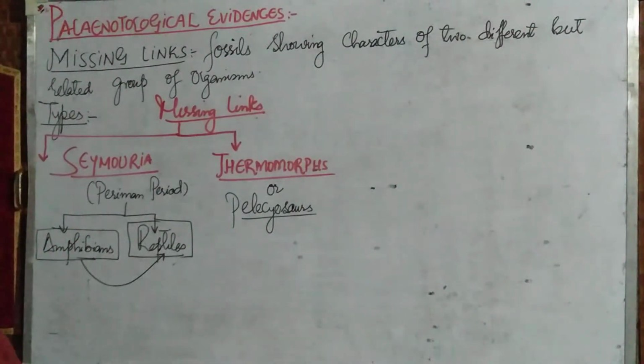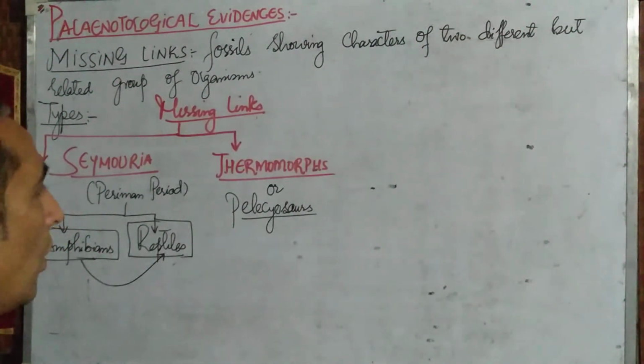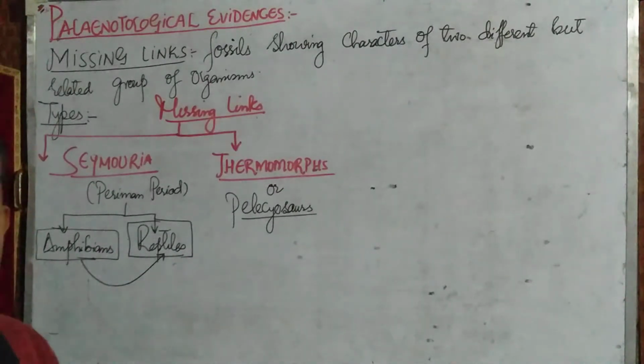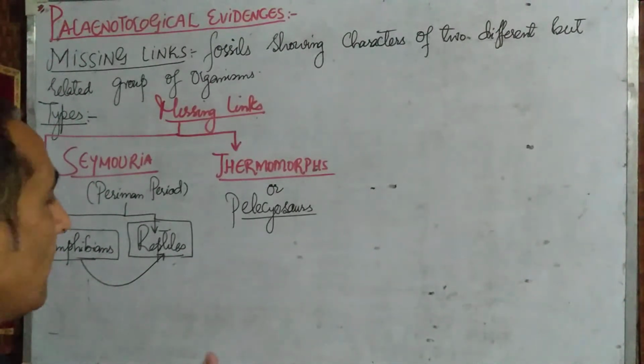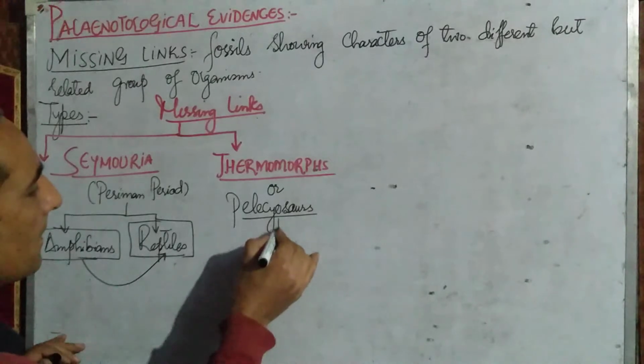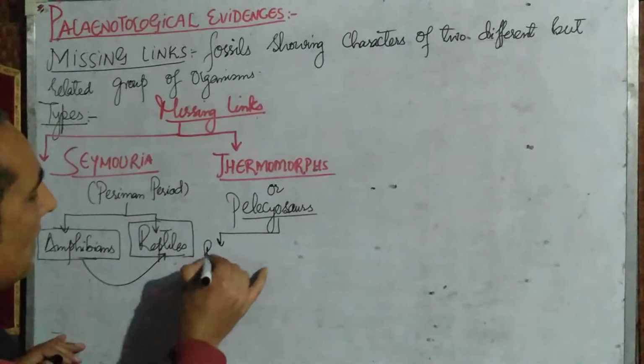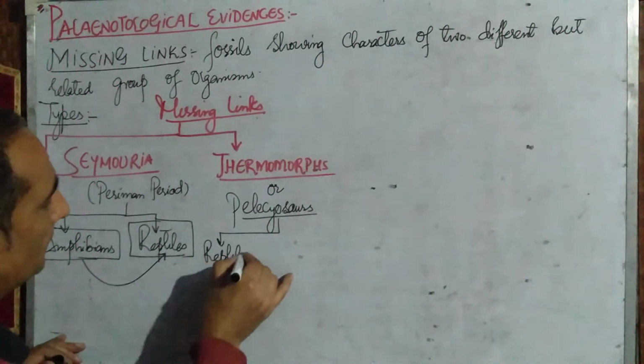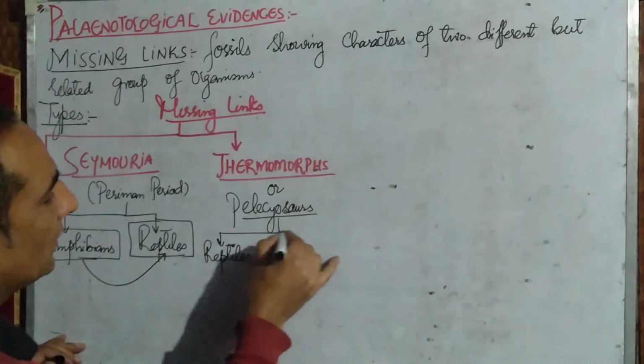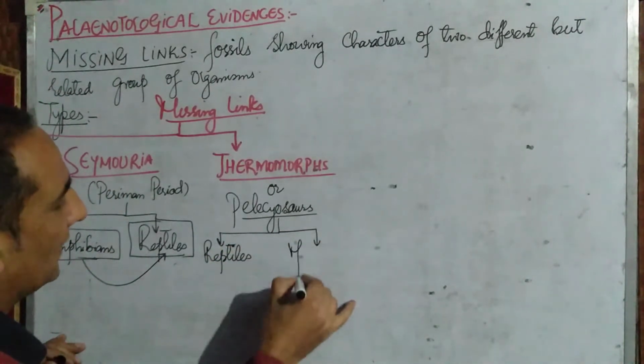So thermomorphs or pelycosaurs, these fossil evidences show some characters of the reptiles, and on the other hand they show some characters of mammals.